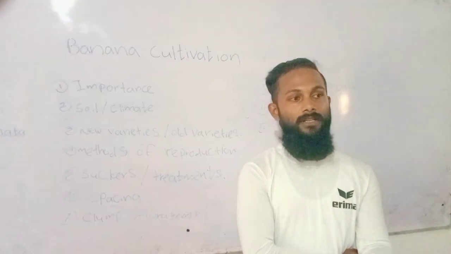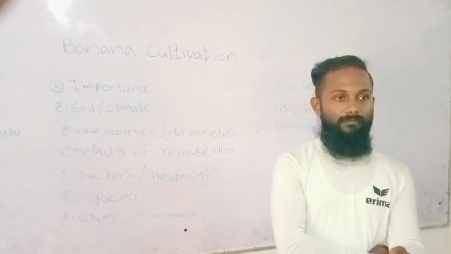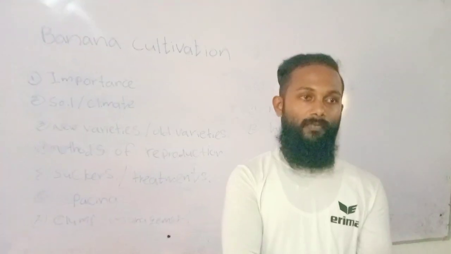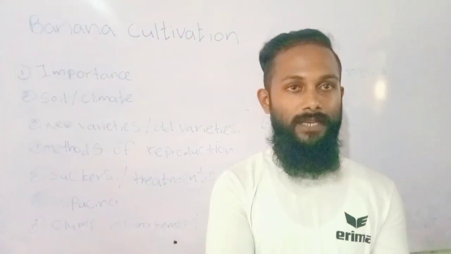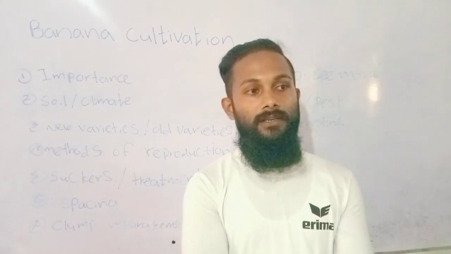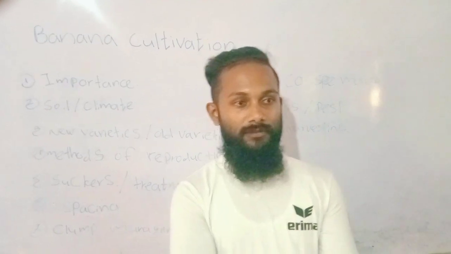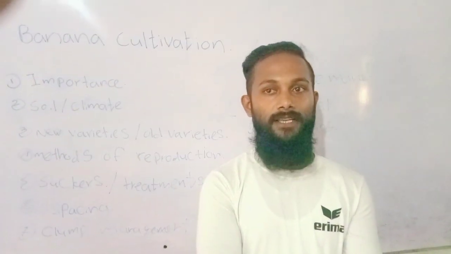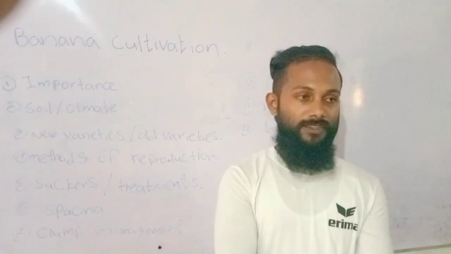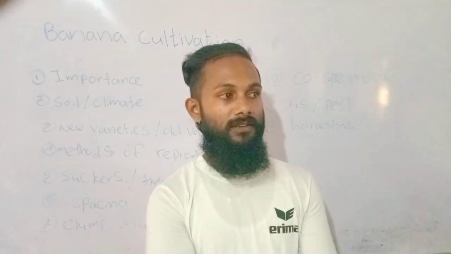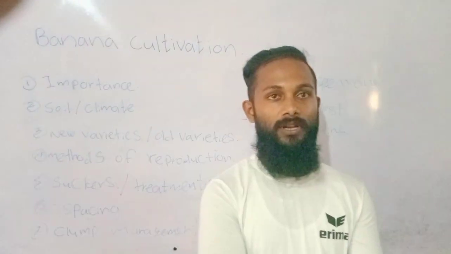Maiden sucker has intermediate leaves, slightly conical shape, and medium size rhizome. Water sucker has broad leaves, cylindrical shape, and small rhizome. Water sucker is not suitable for planting because the rhizome is small.